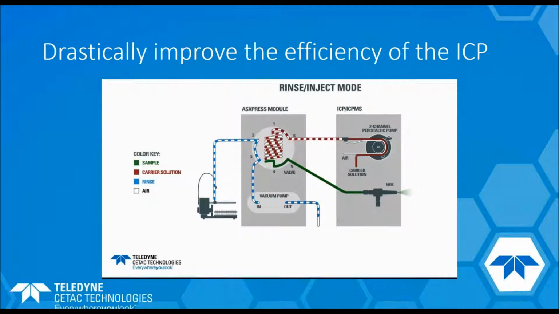So here you have your carrier driving your sample in, and it's rinsing on the autosampler side. Here's the next sample that comes in. The vacuum pump pulls remaining carrier through, loads the loop. We've got carrier running to rinse out the neb in between samples, and then it switches again. You'll notice that there is no prolonged rinse period between analyses. And this is where we really get some drastic improvements for the efficiency of the ICP.